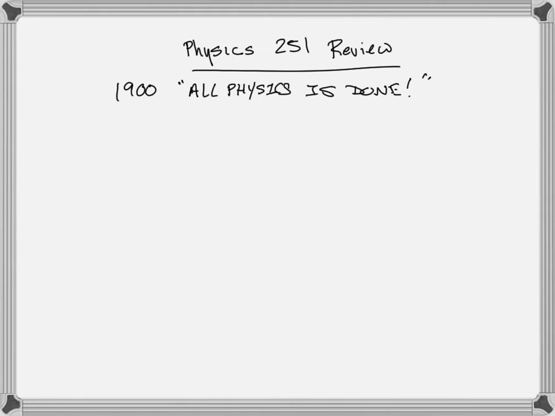And the point of this class very much is about how those unanswered questions that were left around 1900 were studied and understood and developed to develop two whole new fields of physics and a whole new way of looking at things, and also a way of looking at things that says maybe we should never say we're done.